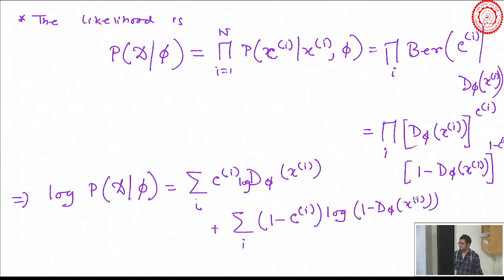Now what is Ci and what is 1 minus Ci? The number of successes and number of failures, right?